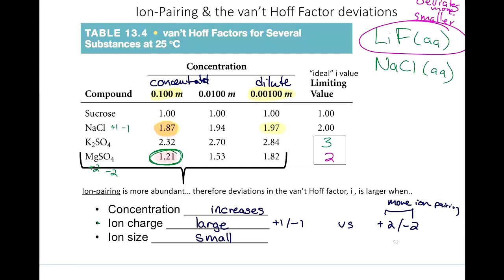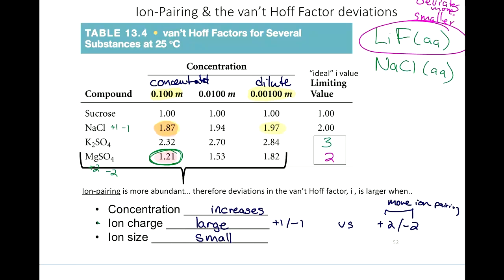Deviations from the Van 't Hoff factor are explained by ion pairing. Does it make sense why sugar does not deviate from its Van 't Hoff factor? It has no ions. Yes, so if you have a non-electrolyte solution, where its Van 't Hoff factor is 1, it is not going to deviate because there are no ions for ion pairing to occur.